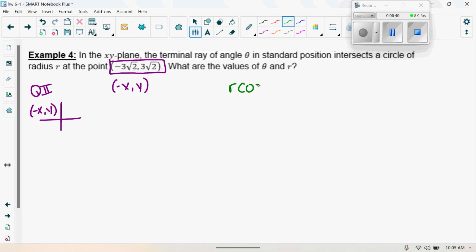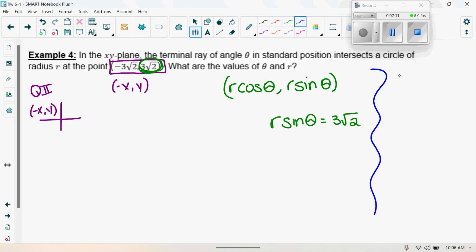Remember what we just did before. R cosine theta, r sine theta. So that means that I'm going to work with a positive just because it's a little bit easier. I have r sine theta is equal to 3 radical 2. So I want you to think of your exact values. If I have the sine of pi over 6, it would be equal to 1/2. The sine of pi over 4 is equal to radical 2 over 2.